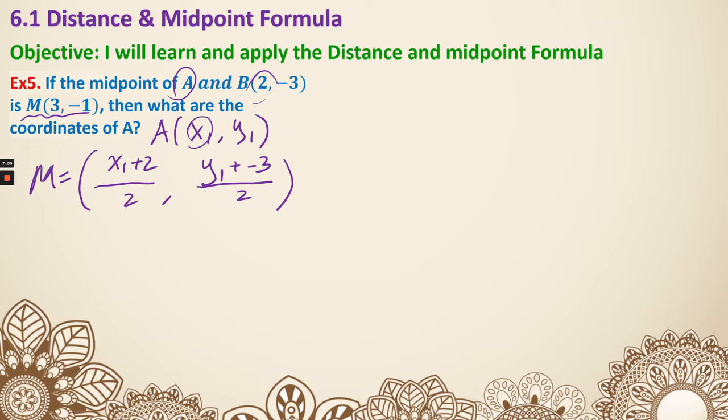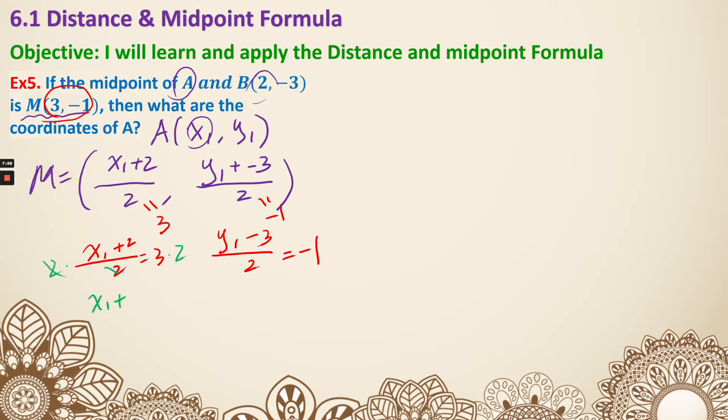The difference is I actually know my midpoint. So that means this portion is 3. I basically have x1 plus 2 over 2 equals 3. And this portion is -1. So y1 minus 3 over 2 is -1. I have two equations to solve. I'm going to multiply by 2 on both sides to get rid of the denominator.